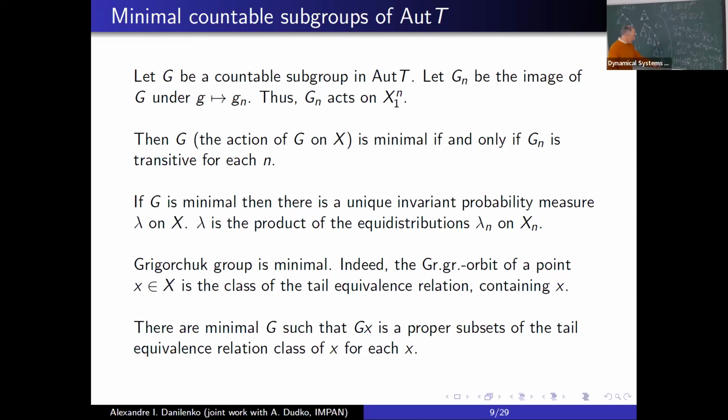So H is minimal, but the H orbit of every X is not equal to the tail class of X. Just Rx is the union of two disjoint classes, Hx union H of some X star.